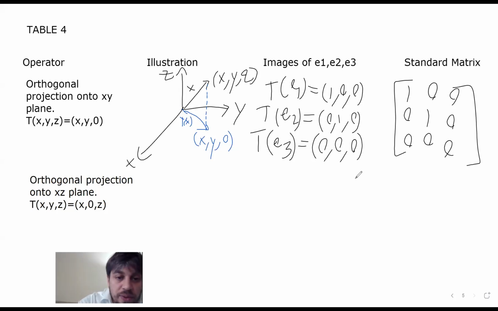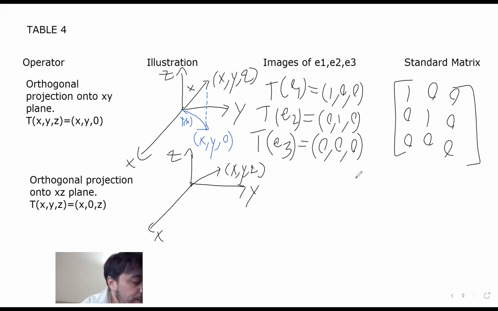Okay, so if you again have the x-axis, y-axis, and z-axis, then you have a vector x, y, z. When you project it onto the xz plane, you're just removing the y component.